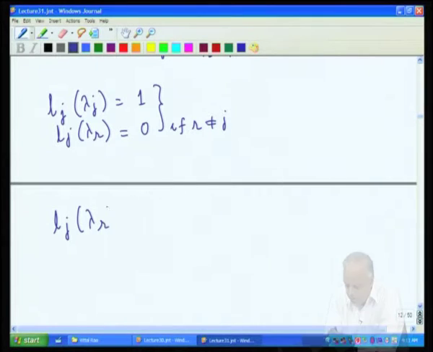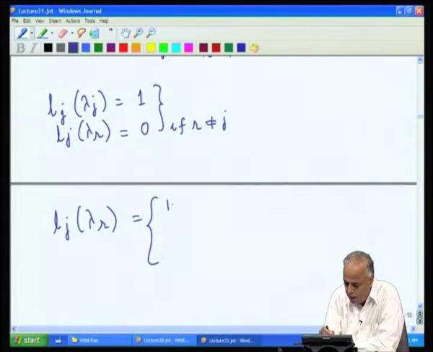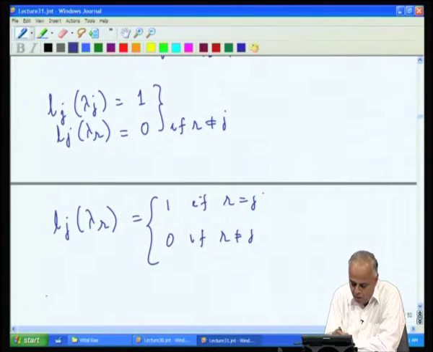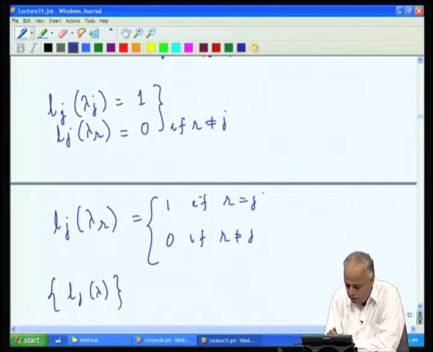So L j lambda r is equal to 1 if r equals j, and 0 if r not equal to j. So we have polynomials L j, j equal to 1, 2, up to k.